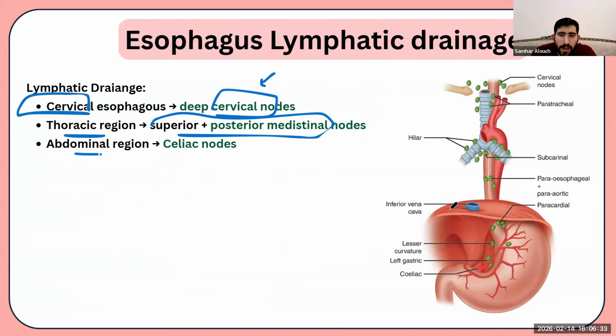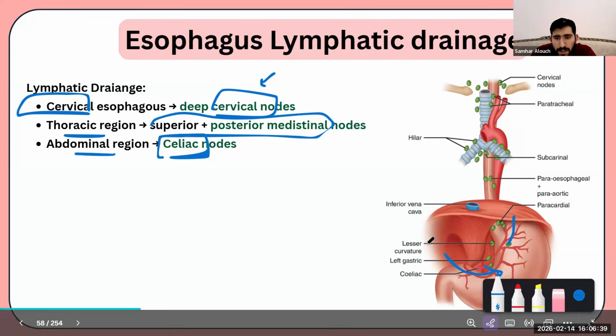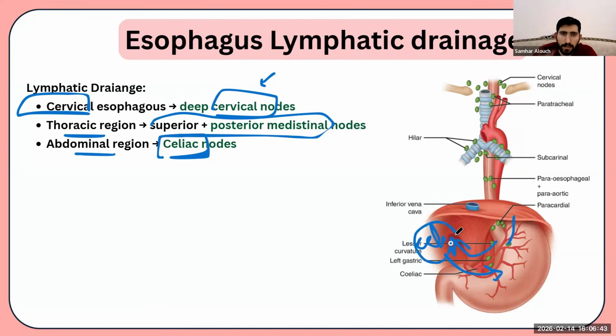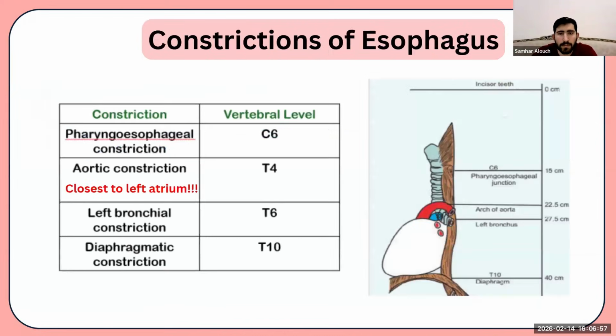And finally, the abdominal region is going to drain to the celiac nodes because, as I said, it's supplied by the left gastric artery, which comes from the celiac trunk. I hope it's clear. The cervical part, it's in the neck, so cervical nodes. The thoracic part, the mediastinal nodes. The abdominal part by the celiac trunk, so by celiac nodes.